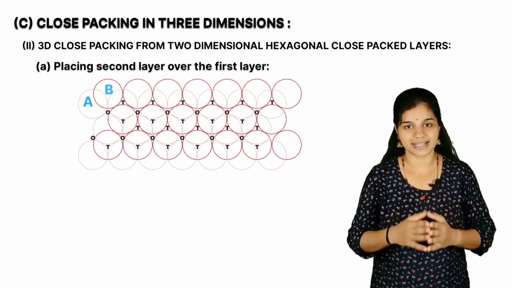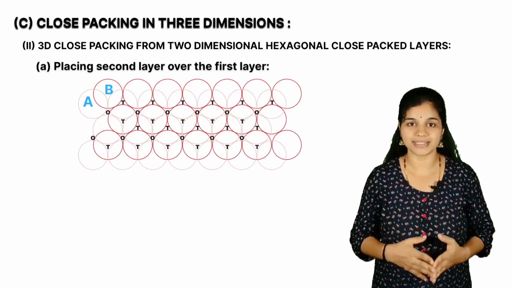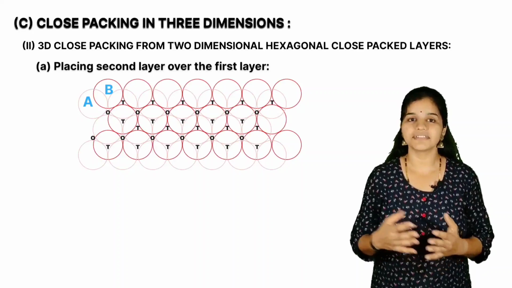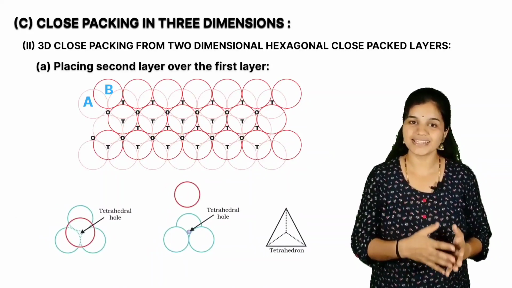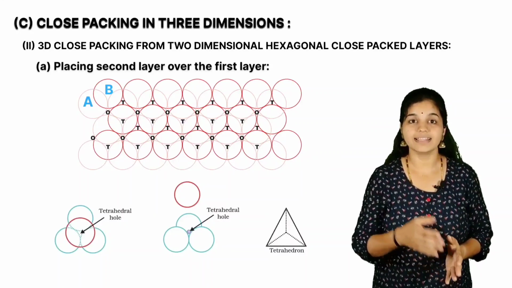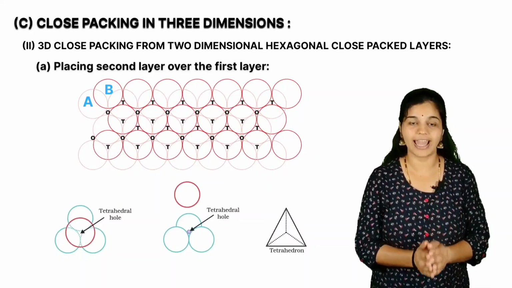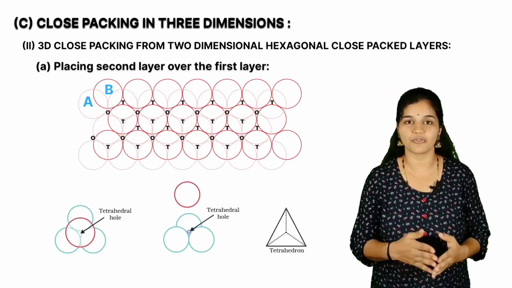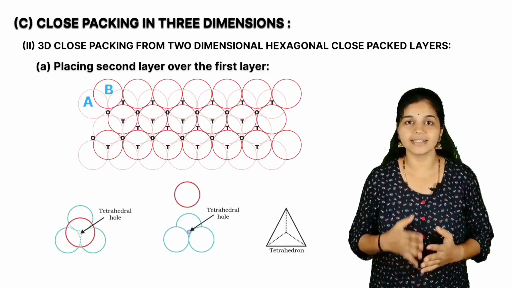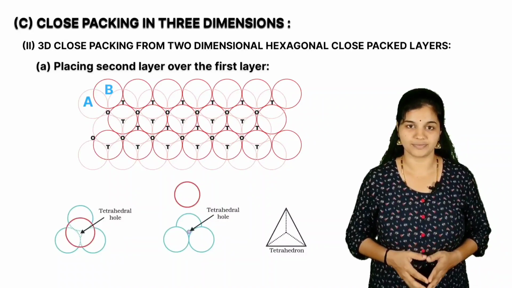And these tetrahedral voids are represented by the capital letter T in the diagram. Now from these diagrams you can see the top view of the tetrahedral void as well as the exploded side view and the geometrical shape of the tetrahedral void for getting a better understanding.